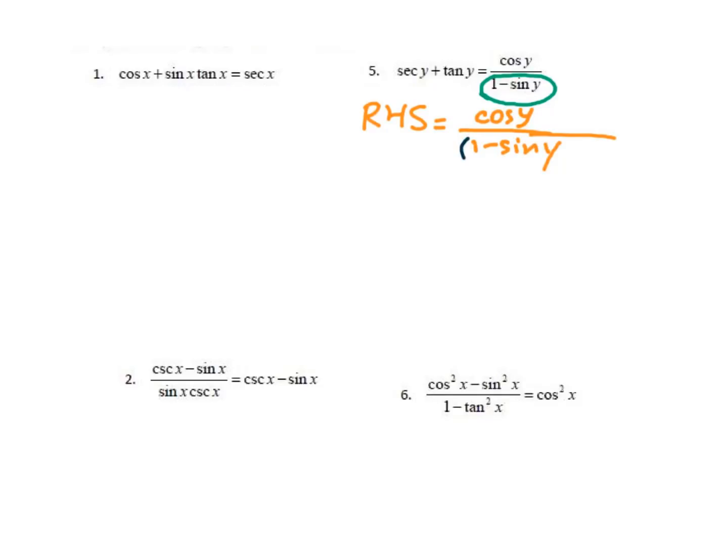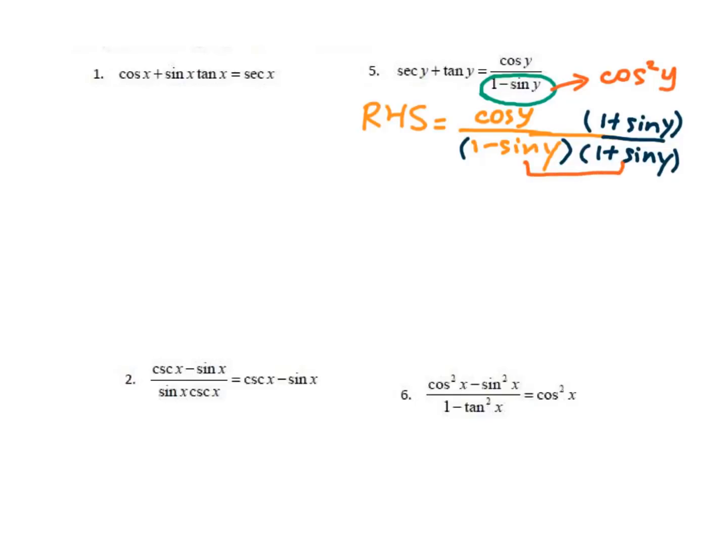We do conjugate multiply, 1 plus sine y, top and bottom. The expected answer will be cosine square y as a denominator.